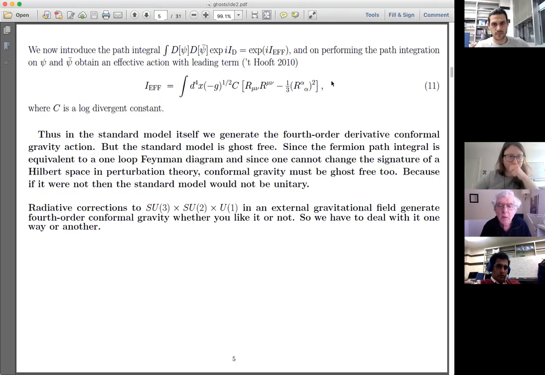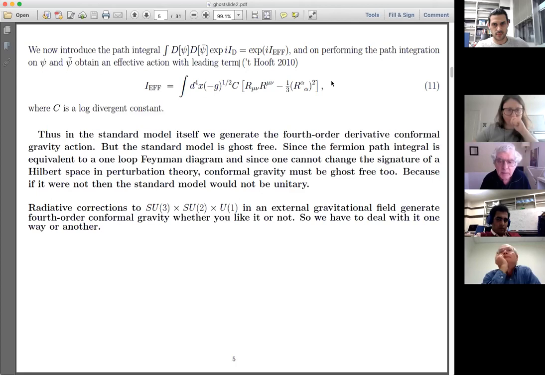The matter loops will generate an anomaly. However, you can't cancel it by gravity unless gravity itself is quantized and you can calculate gravity loops. And when you work this theory through, and I've published it already, the gravity loop and the matter loops cancel each other, and there's no net anomaly.